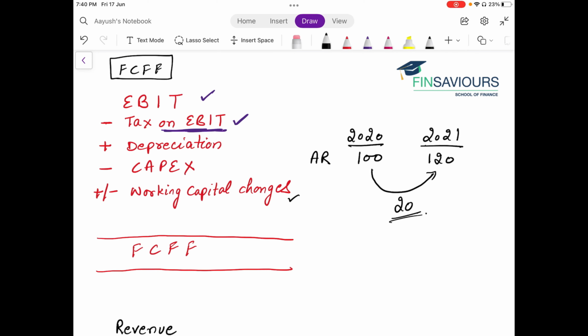Remember, you do have to answer that question, guys. What is the question? I'll repeat one more time. Accounts receivable has increased from 100 to 120. You need to tell me, will you add this 20 as a working capital change or will you subtract this 20 as a working capital change? Answer will be in the next video, and I really hope you put down your answers in the comment section below, guys. I'll see you in the next video.